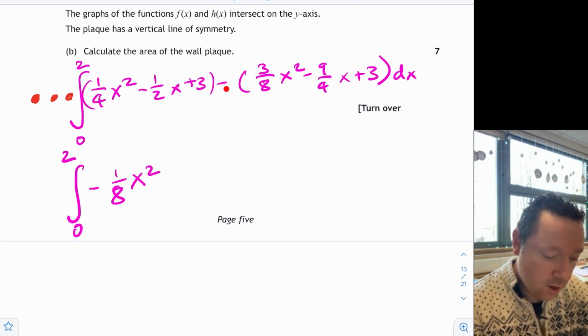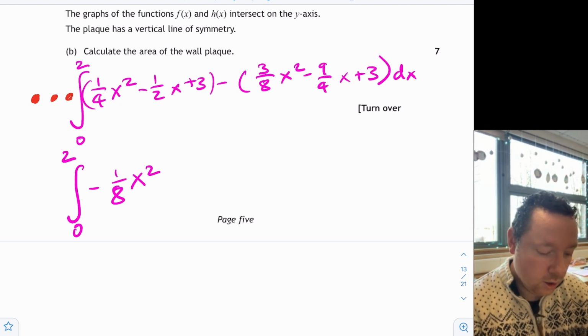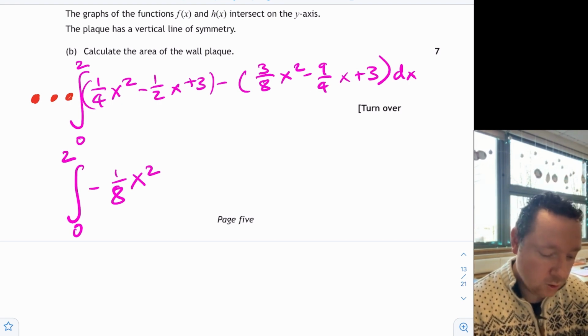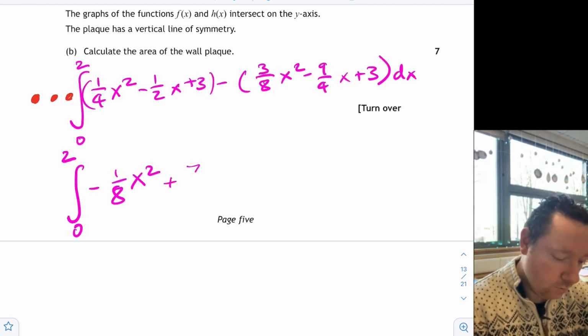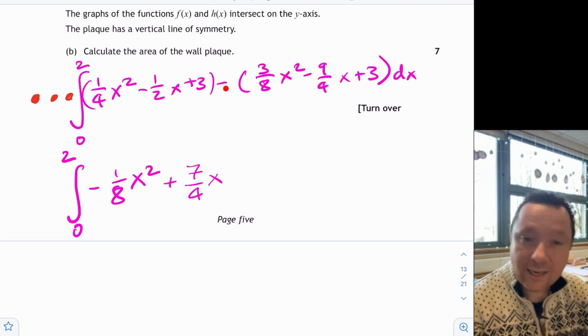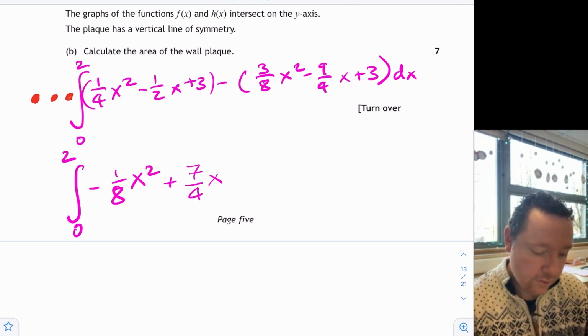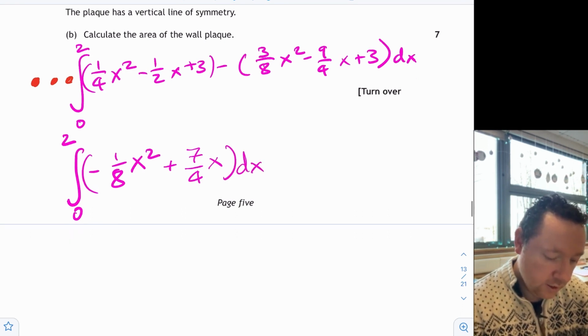Looking at the x parts, you've got minus a half, minus minus becomes plus, so plus 9/4. Putting a half into quarters is 2/4, so you've got minus 2/4 plus 9/4, which is 7/4. So plus 7/4 x. Then we've got our number parts, but they cancel. 3 take away 3 is nothing. So we get the integral of this between 0 and 2.